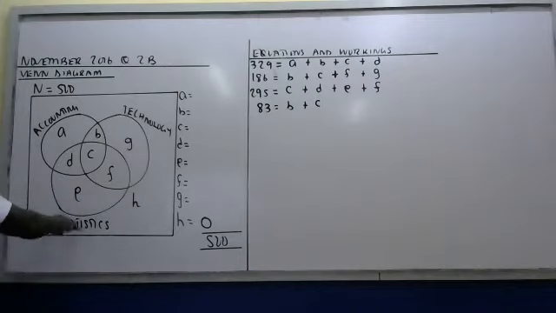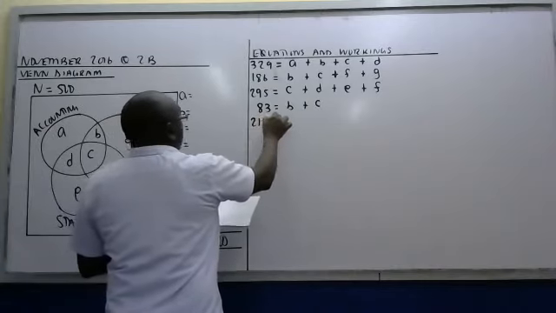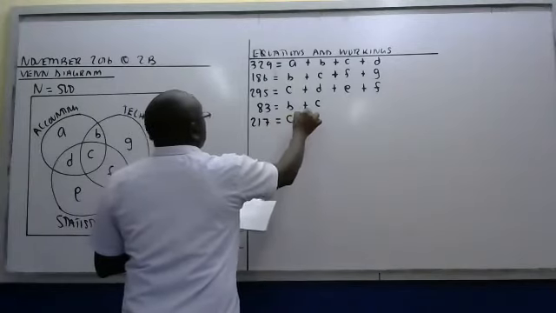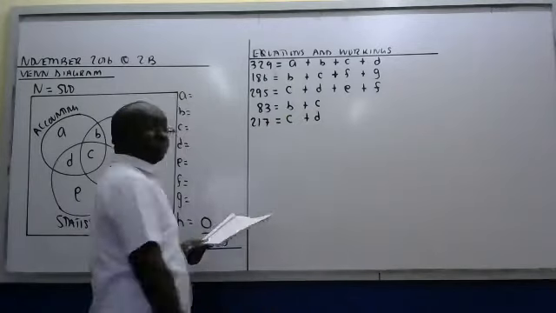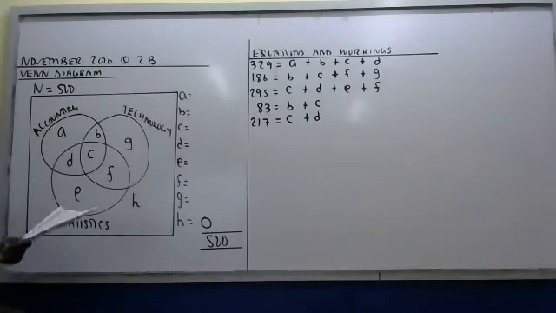So that is CD, so 217 is equal to C plus D. Then 63 were enrolled for statistics and IT.